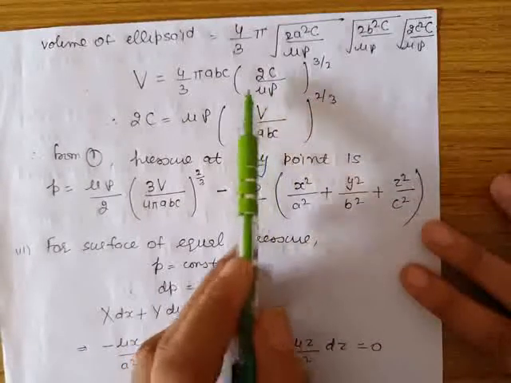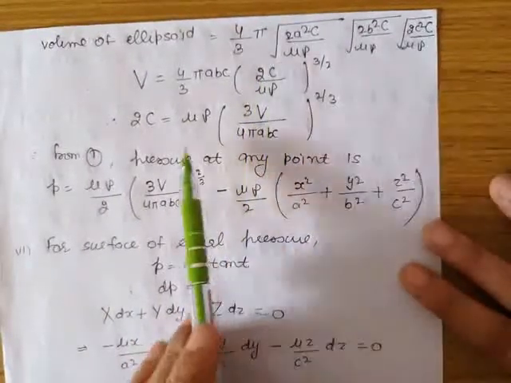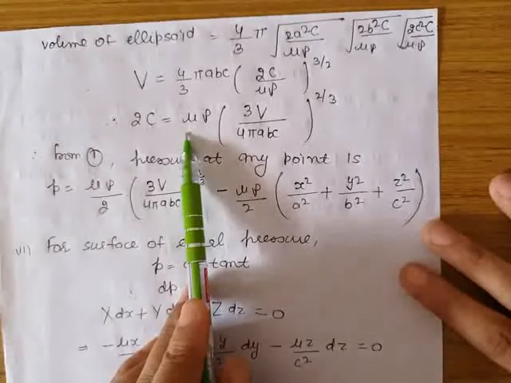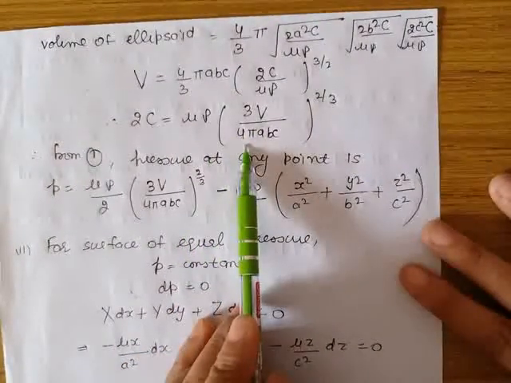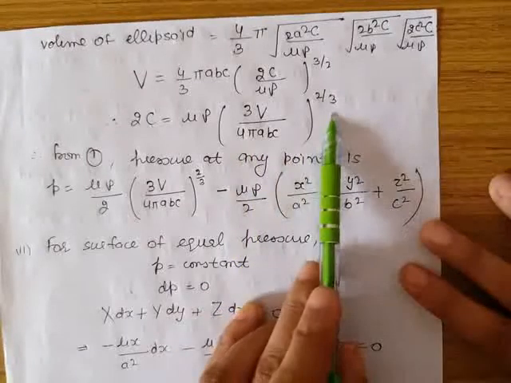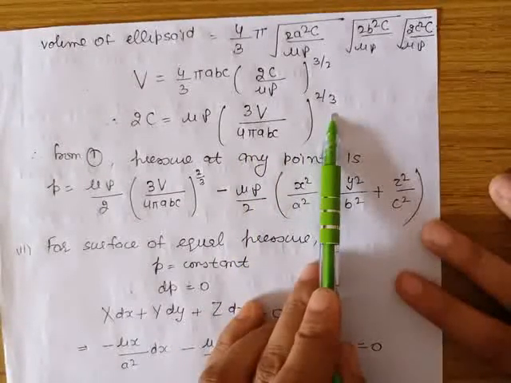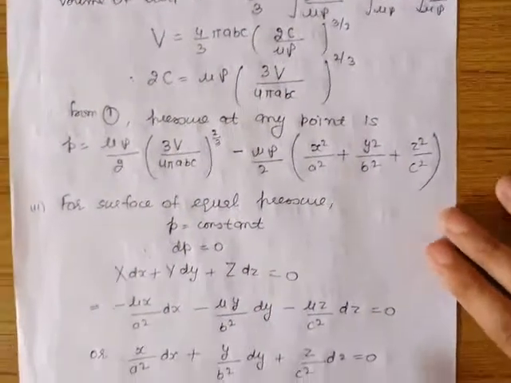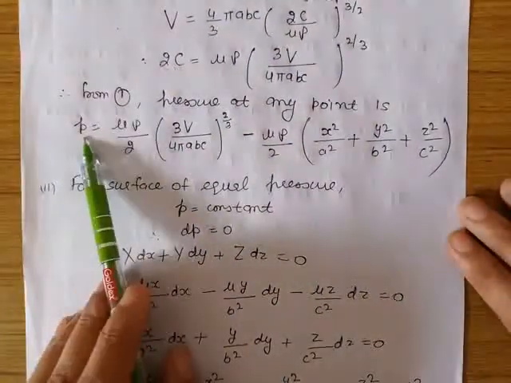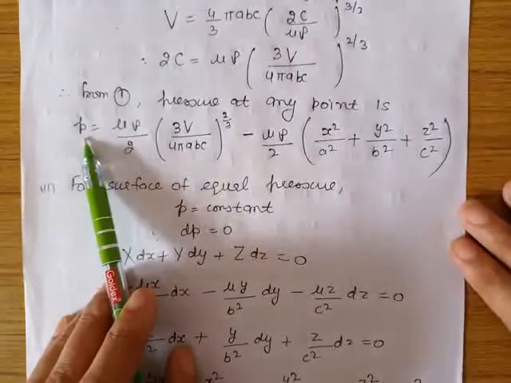So from here we can find the value of 2c, which is given by mu rho into 3V upon 4 pi abc whole raised to the power 2 by 3. Now we can put this value in equation 1. So from there we get the value of pressure at any point.